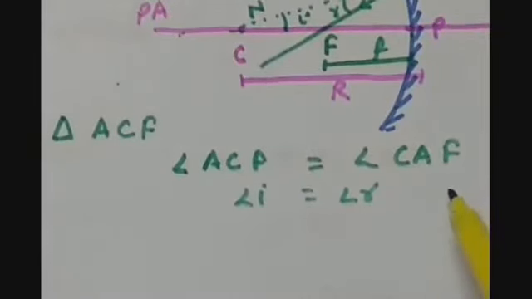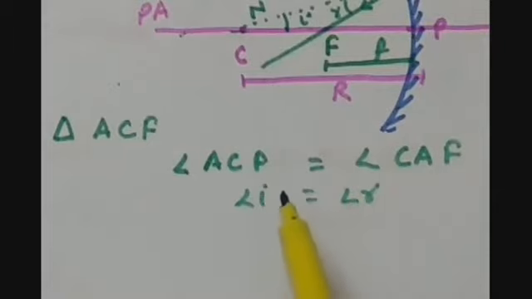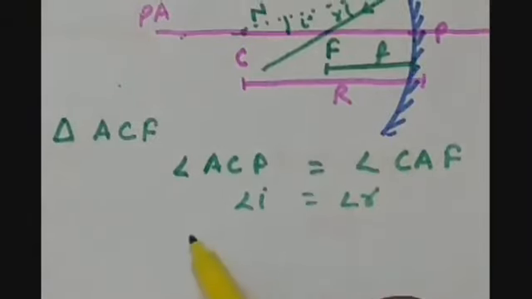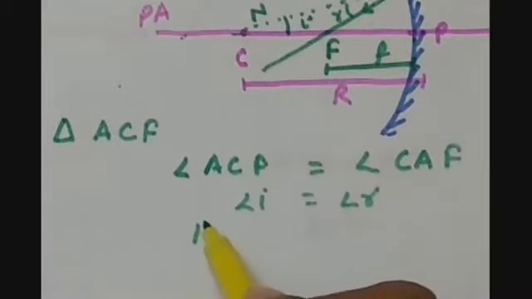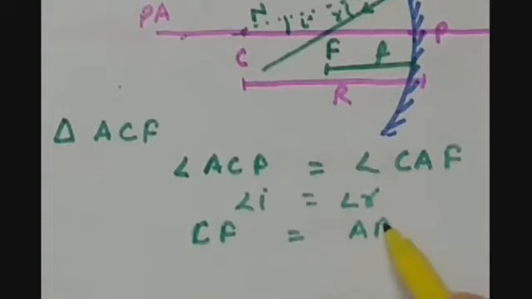Now we know that when two angles are equal to each other, then the corresponding sides will also be equal. That means CF will be equal to AF.